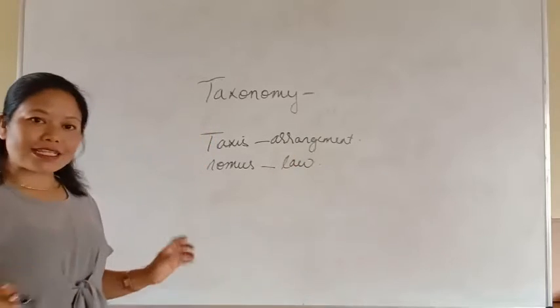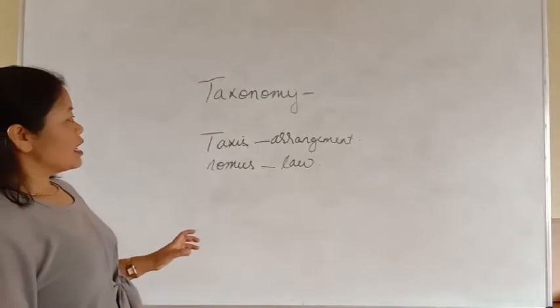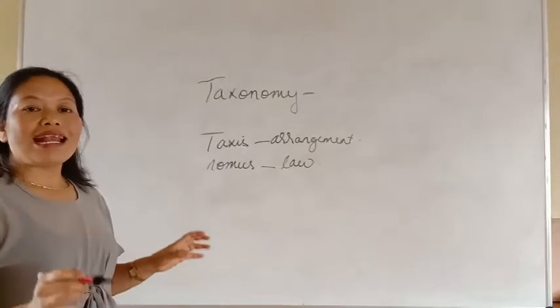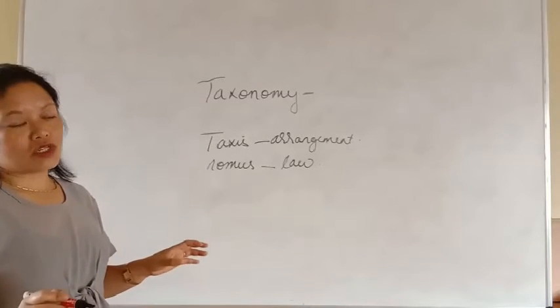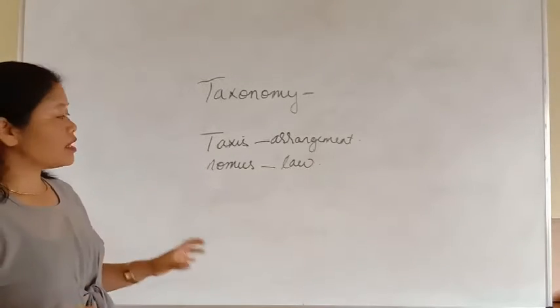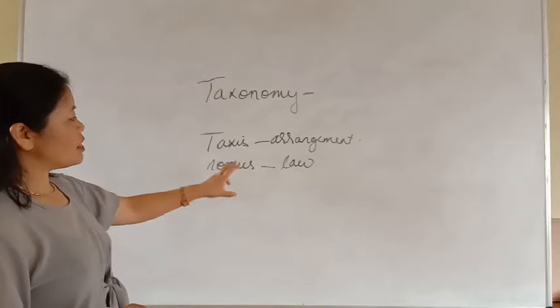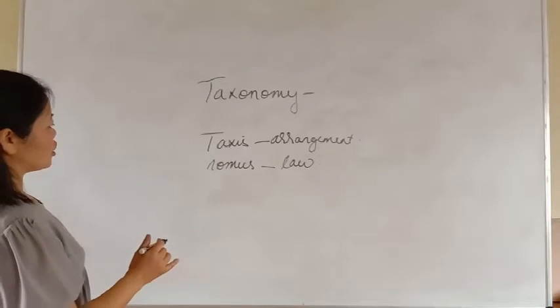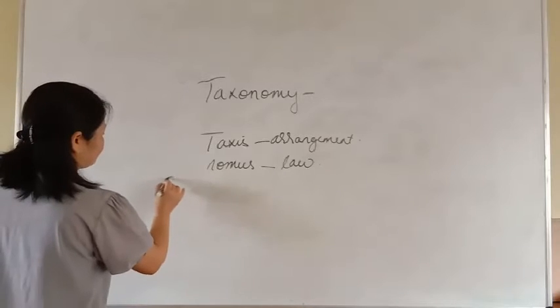So taxonomy deals with the identification and arrangement of organisms into classifications. Then we have another terminology, that is systematics.